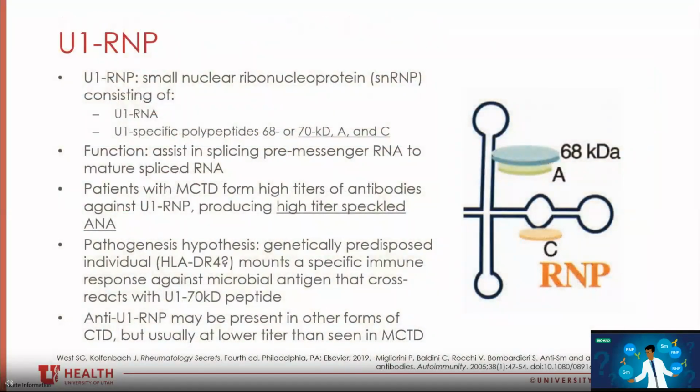The original description of mixed connective tissue disease included the presence of an antibody reacting with saline-soluble extracts of nuclei, termed extractable nuclear antigen, or ENA, that produced a speckled ANA pattern by immunofluorescence microscopy. At that time, the Smith antigen had been identified as an ENA specific for patients with systemic lupus erythematosus, and as a protease-sensitive protein contained within the ENA mixture.